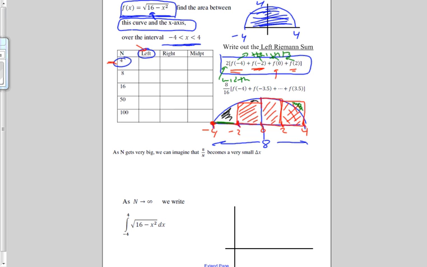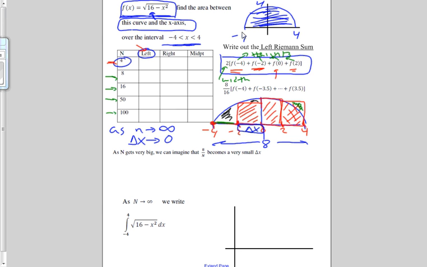Okay, so clearly, and as we looked at in the last class, what would make this much more accurate is if we let n get closer and closer to infinity. Let n get really big, because as n gets big, the distance delta x, the width of my base, approaches 0, and these rectangles are going to do a much better job of approximating the area.